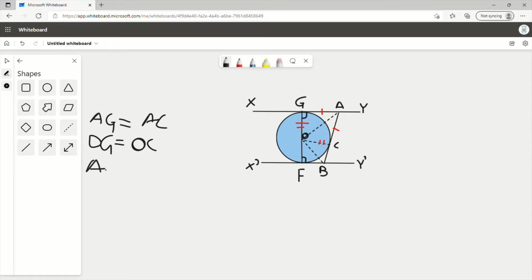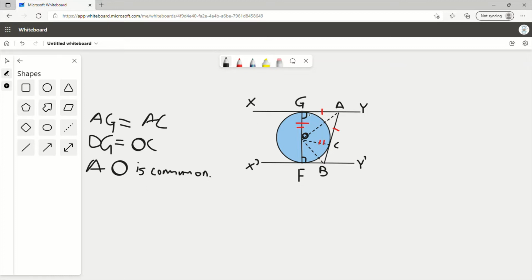So you might be able to notice, we're trying to prove congruence over here. AO is common.